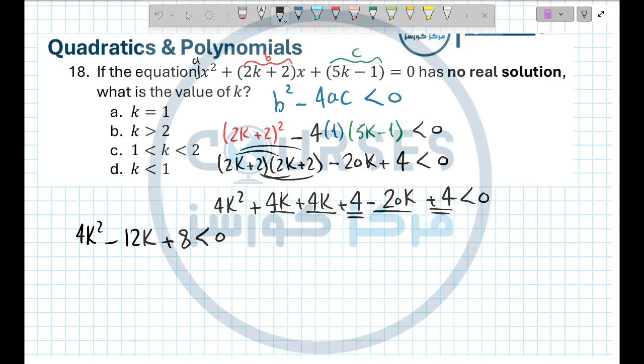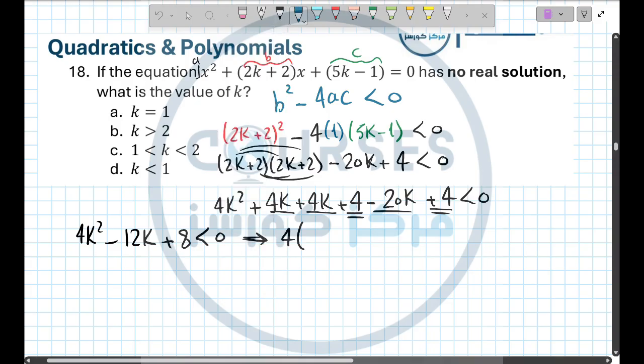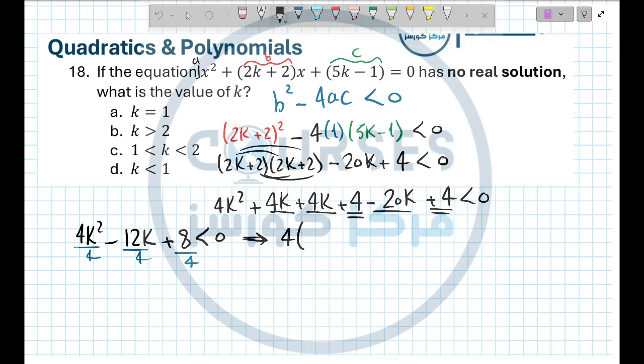This is a quadratic inequality. We need to factor this. We can take 4 as a common factor, so it's like we're dividing everything by 4. So this is going to be k squared minus 3k plus 2.